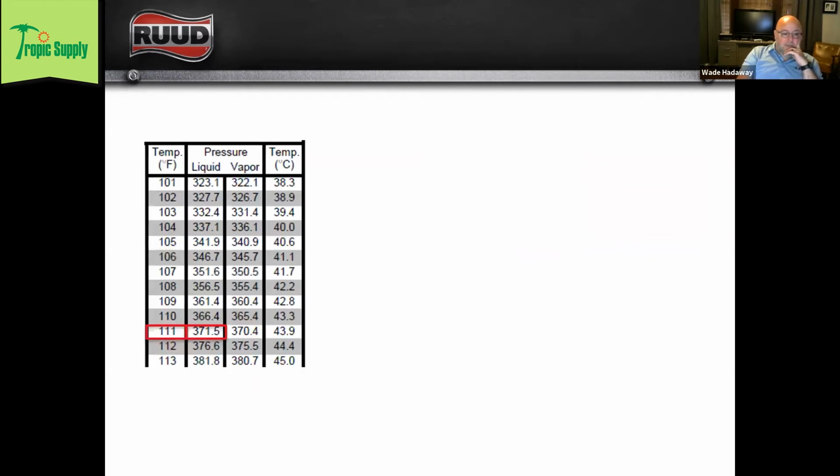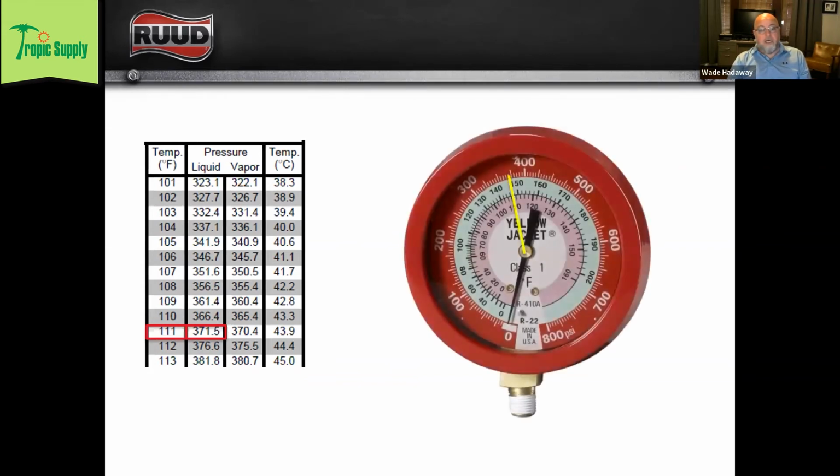So at 371.5 PSIG, we have a head pressure of 371.5. The pressure temperature chart shows that the saturation temperature for the refrigerant at that condition is 111 degrees. Again, you can see that from your gauge manifold, right?